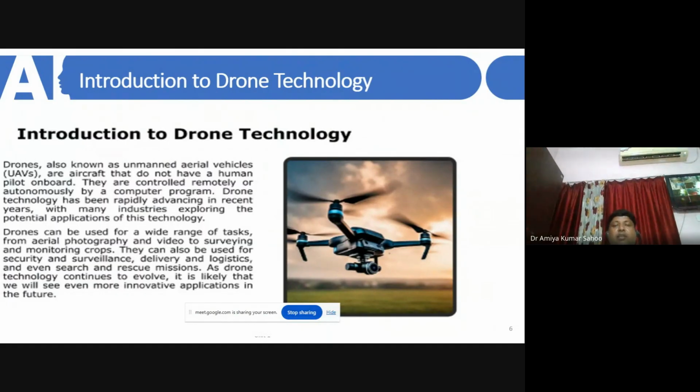We will go through the applications in detail one by one. As drone technologies continue to evolve, it is likely that we'll see even more innovative applications in the future.